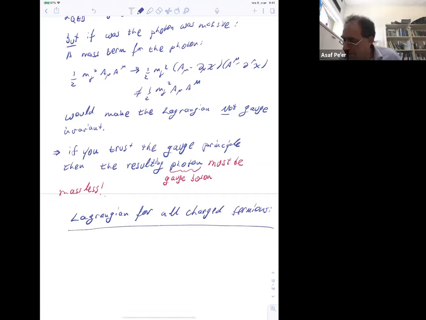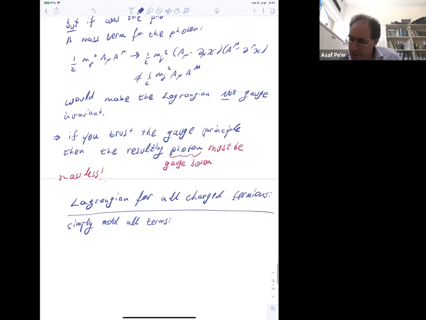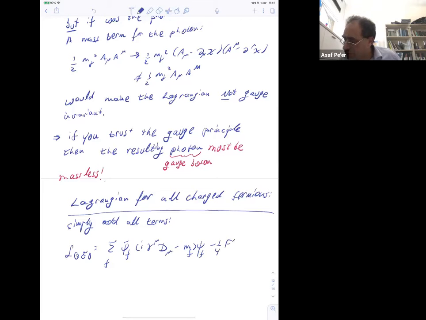Simply add all the terms. L QED is the sum over all fermions of psi-bar_F (i gamma^mu D_mu minus M_F) psi_F, minus 1/4 F_mu nu F^mu nu. That should be enough to describe all fermions, right?